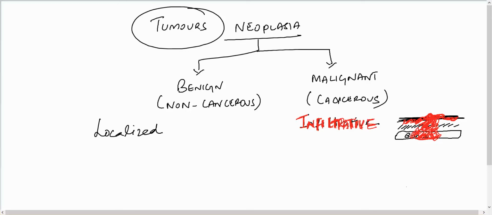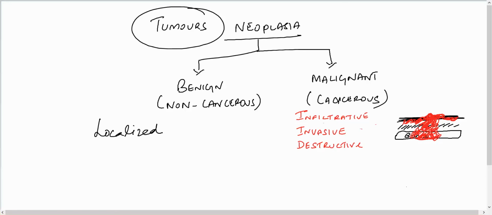They are infiltrative tumors, and they are invasive tumors, because they invade the surrounding structure, and they are destructive, they destroy the surrounding structure.